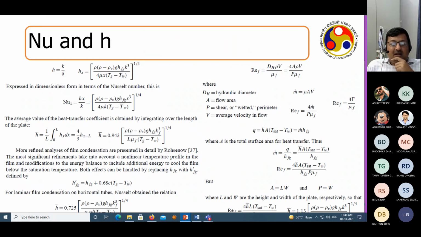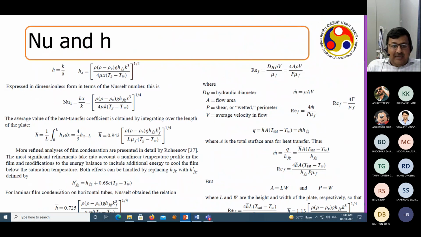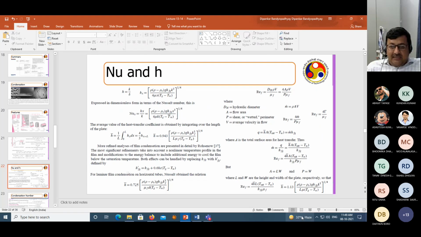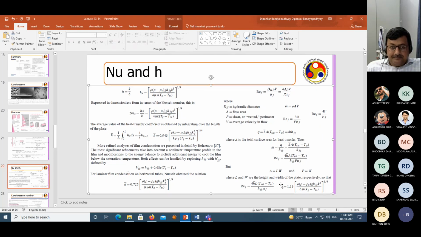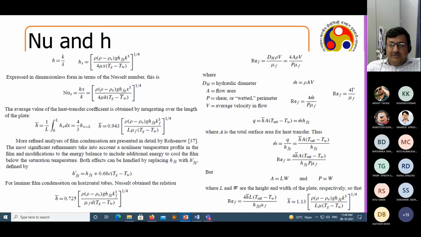So the moment you get the heat transfer coefficient, you get the local heat transfer coefficient and local Nusselt number. You average over the entire length, then you get the average heat transfer coefficient, right? Then you calculate the Reynolds number also, because you have kept Reynolds number in this particular form previously.